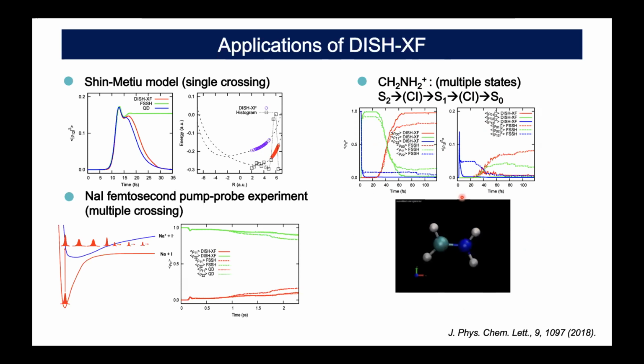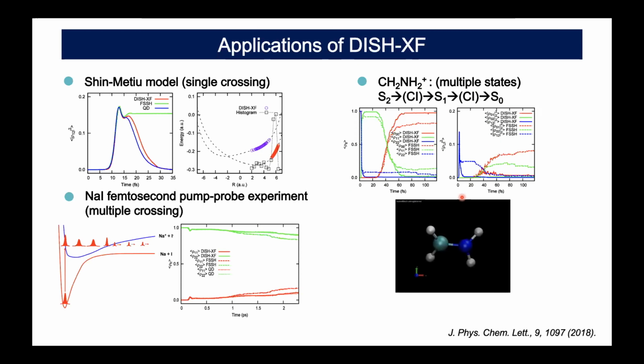An important thing of this DISH-XF algorithm is that in surface hopping dynamics we have one weird thing, which is that we have two different representations to calculate the Born-Oppenheimer populations. One is from the trajectories, and the other one is from the Born-Oppenheimer coefficients.